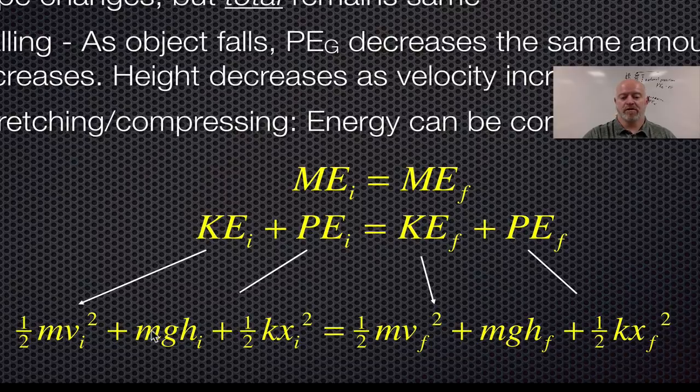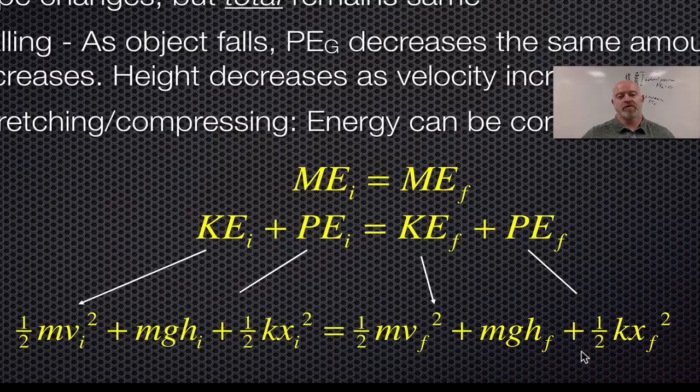So if you take a look, the equation gets really long really fast, okay? However, most of the time, we're looking at things that either start in their natural position, or they're going to start by not moving, or they're going to end by hitting the ground, so they're at the bottom of a fall.